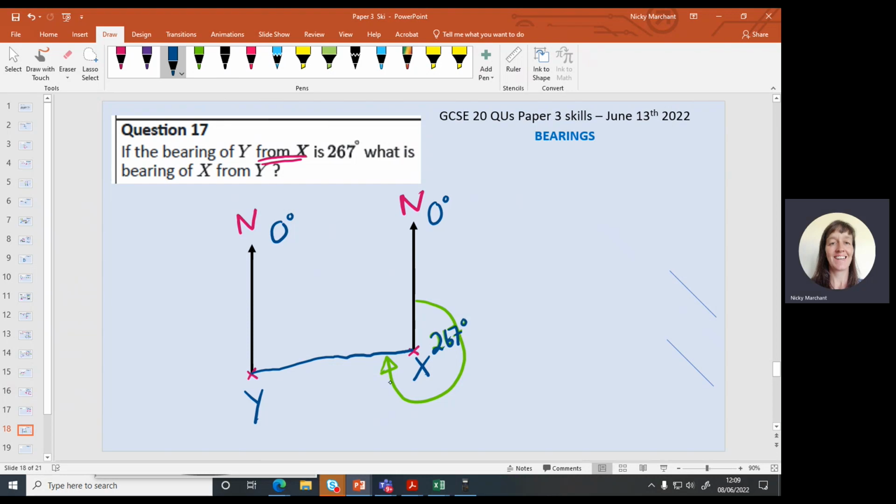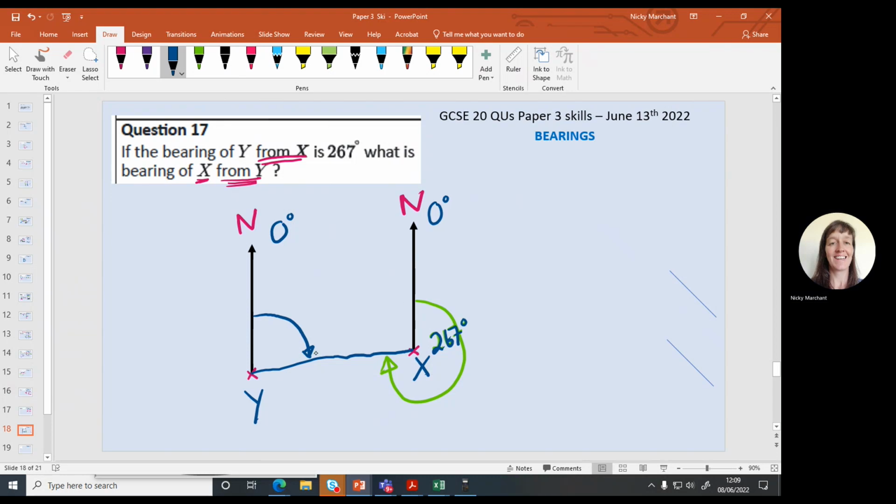Okay, so they want to know what is the bearing of X from Y. Means we're starting on the Y north line and we're going round towards X. So that means they want us to tell them what this angle here is. That angle there, joining between the Y north line and the X direction of travel.